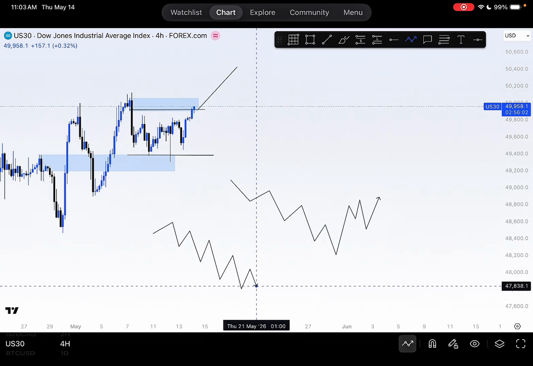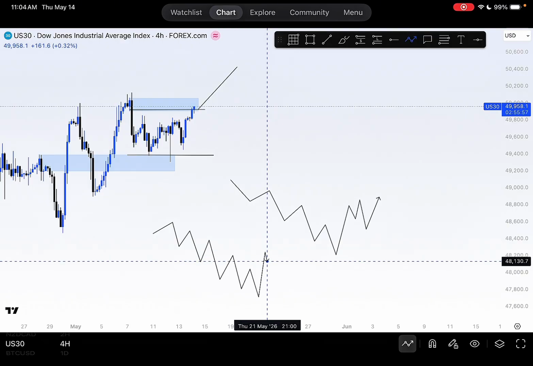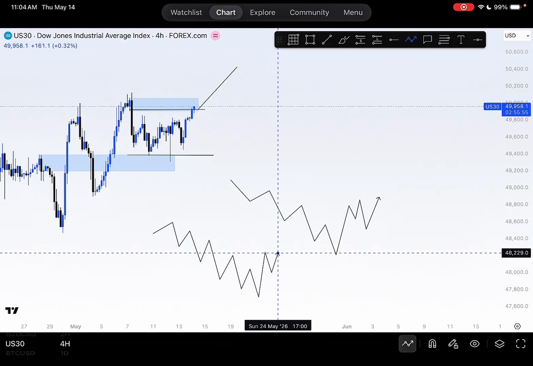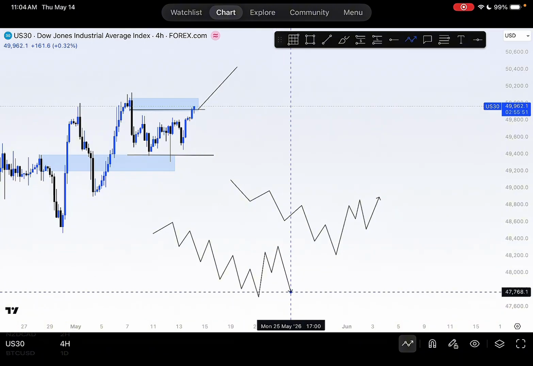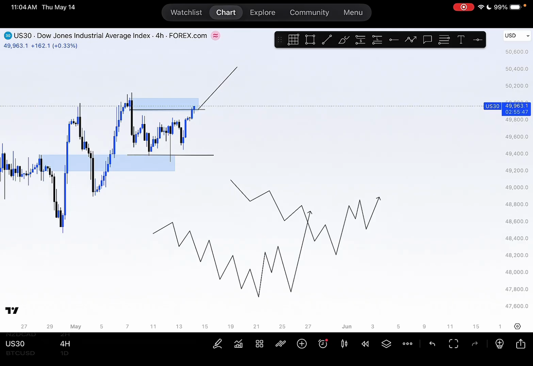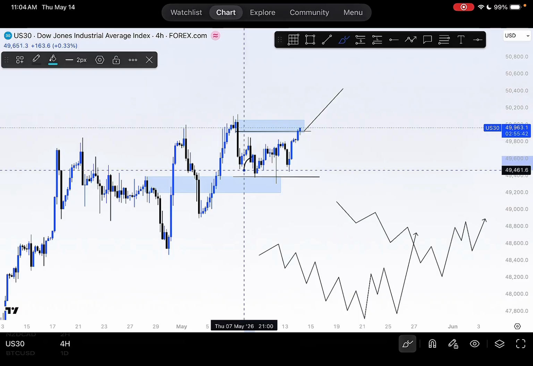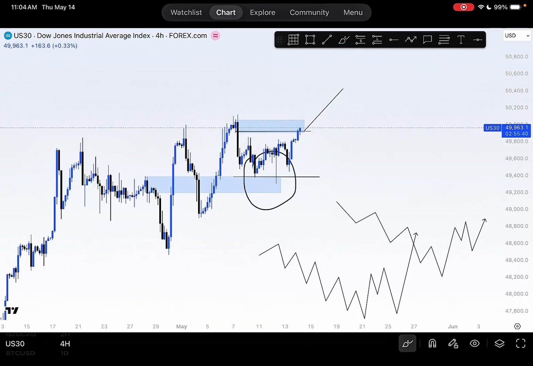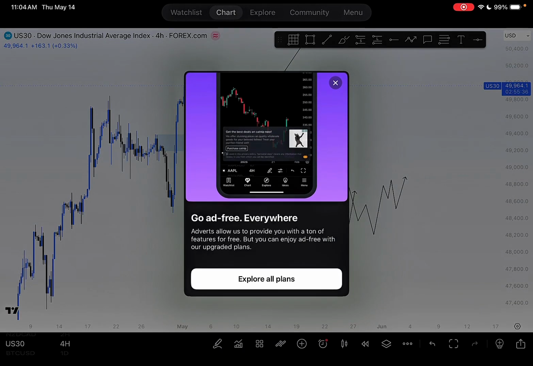Then our MSS, come back to the breaker, clear the candle that caused that MSS, tap from our order block before the buy. So this is exactly what we are looking for in this zone, either this first one or this second one.